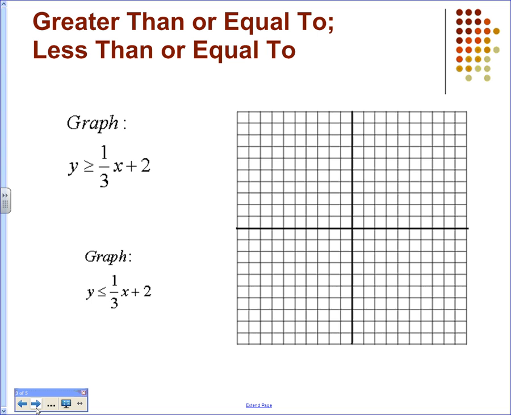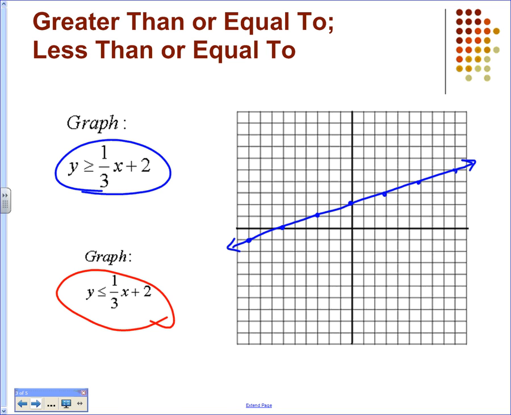Y'all know how to graph this, correct? So they're supposed to be the same line because it's the same inequality.